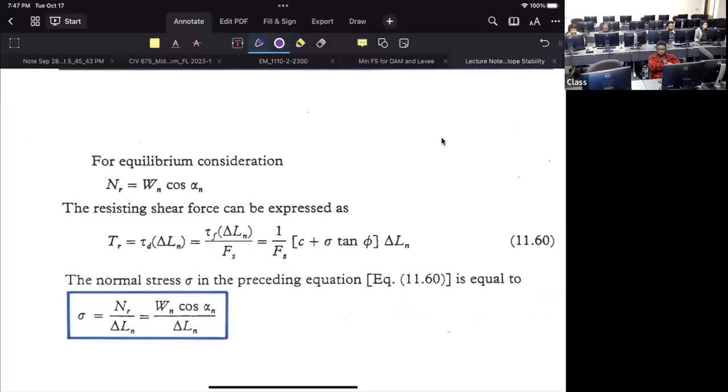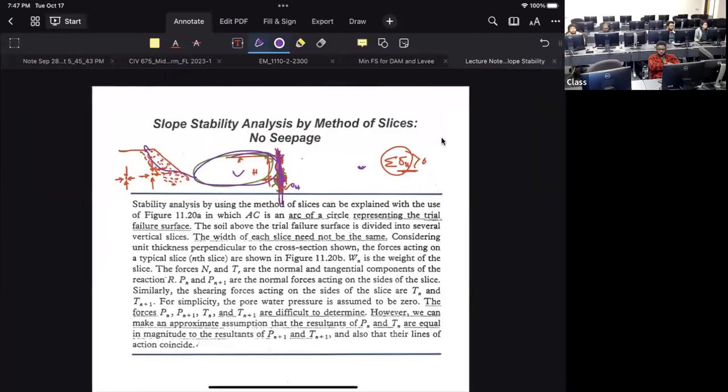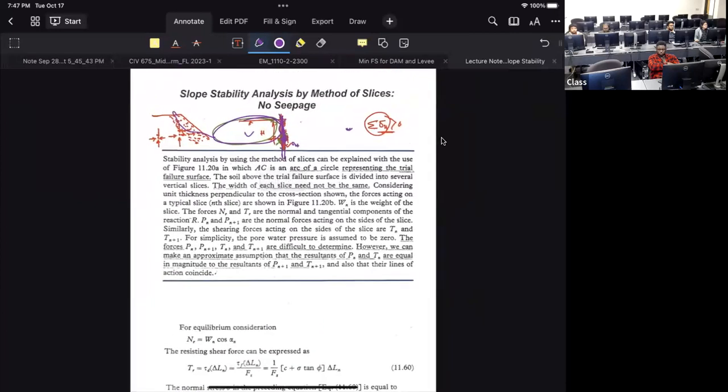Okay, so in terms of slope stability analysis, there are many different methods. The first method is the most basic, the only method that can be done by hand calculation: the method of slices, or the ordinary method of slices.